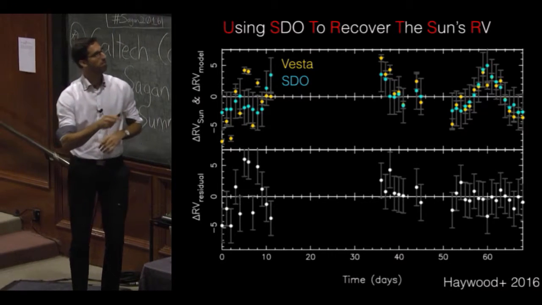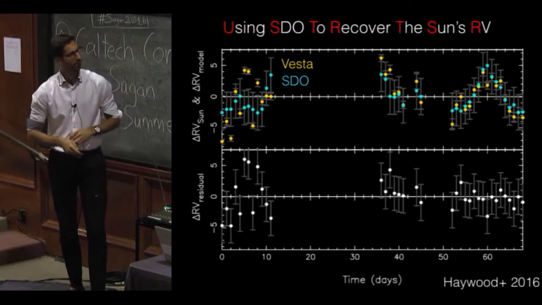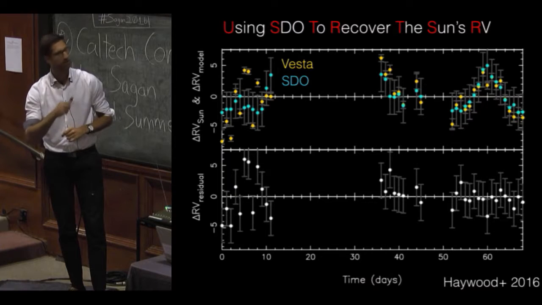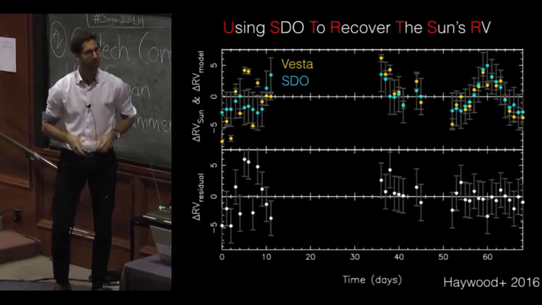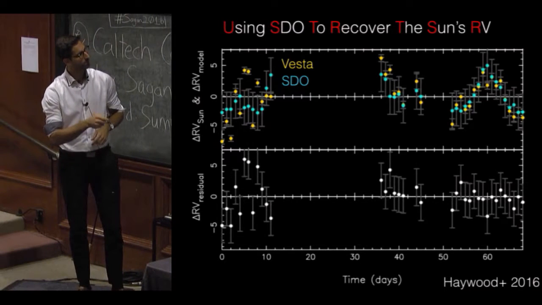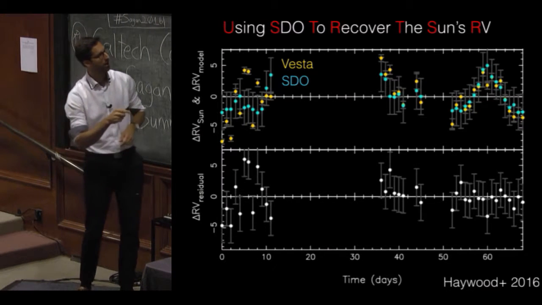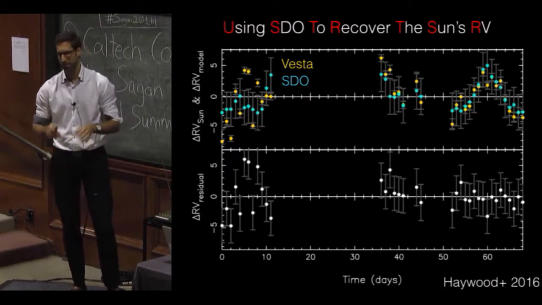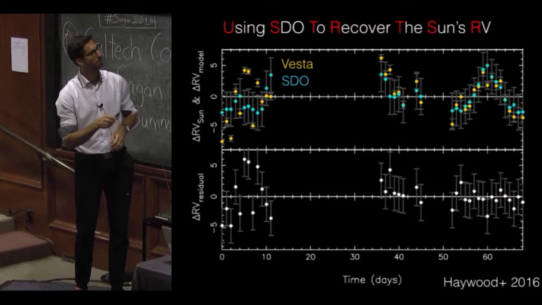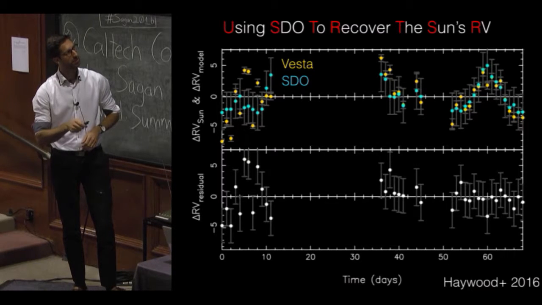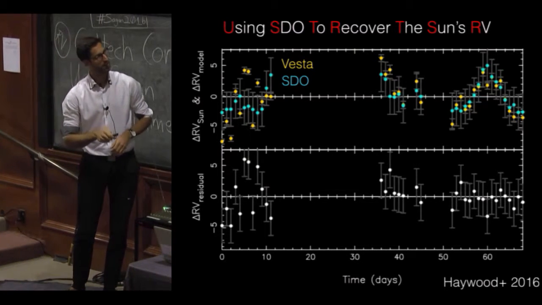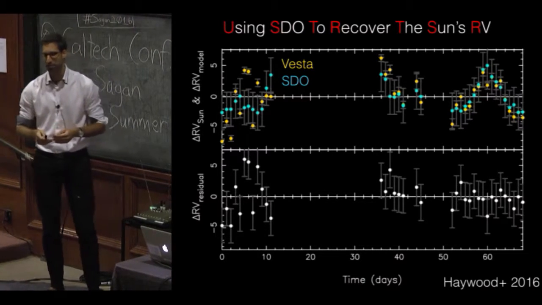So here on top, yellow is the data taken with HARPS of Vesta, and in blue is the data integrated from SDO images. And although it was not working very well at the beginning because they had a problem with the guiding of the telescope, and then they were able to figure it out, you can see that for the second period of observation here, the two data sets match quite well.